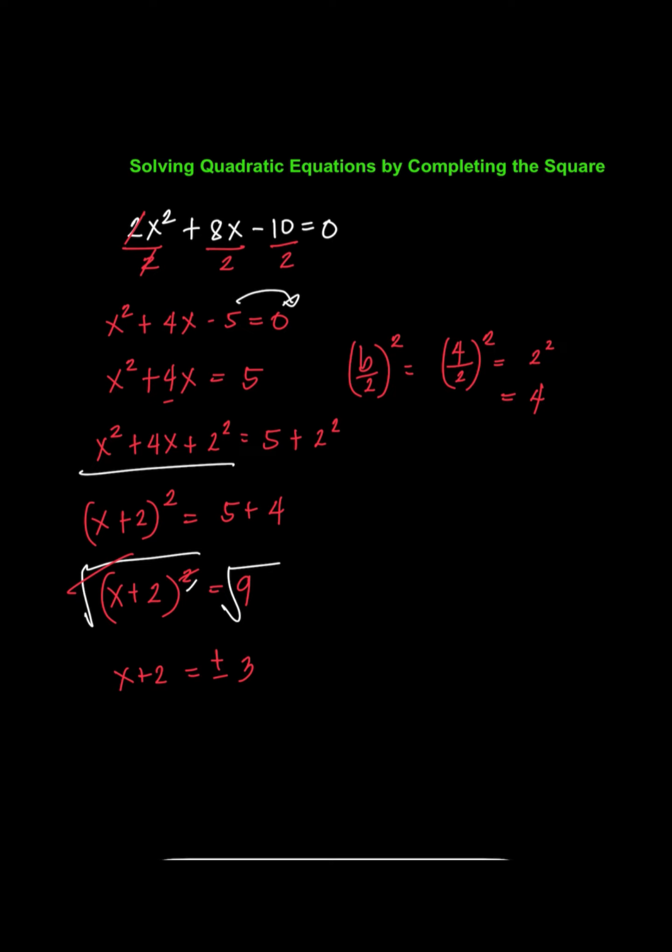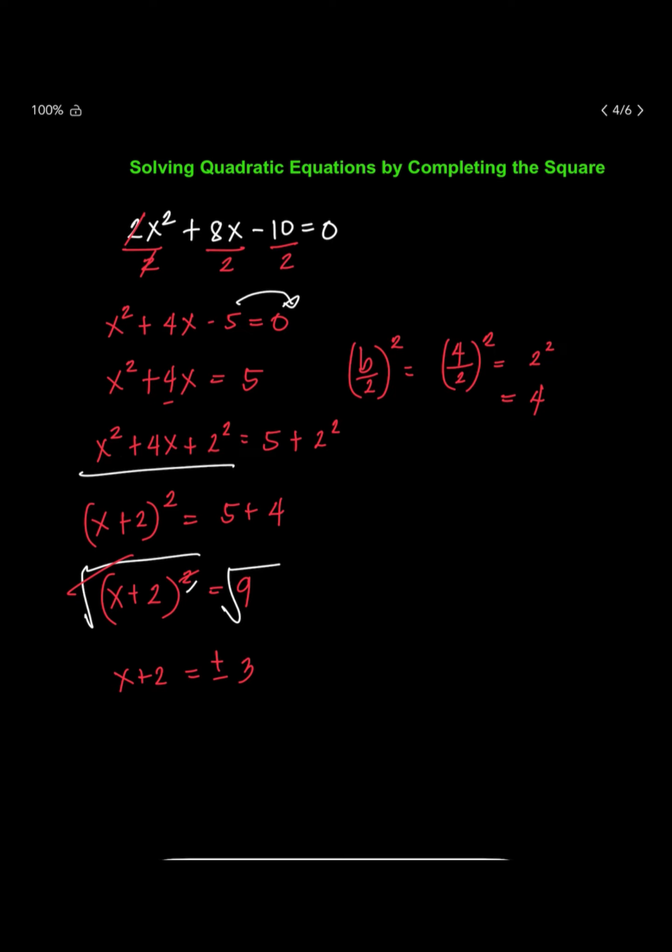So, gamitin natin to para ilipat ulit yung positive 2 sa right side para makuha natin yung value ng x. So, x is equal to plus or minus 3 minus 2. Alright? So, hanapin natin yung value ng x. Gamitin natin ulit yung positive 3 first.